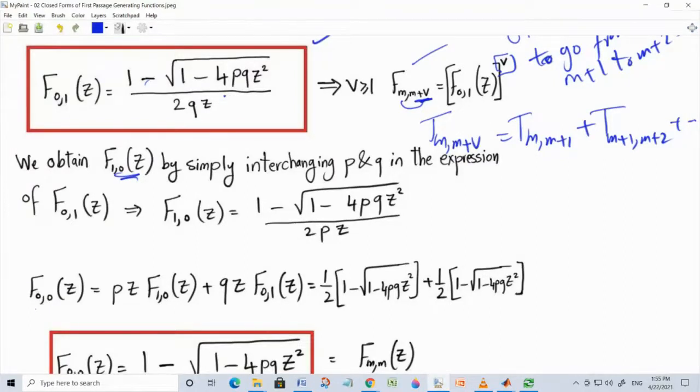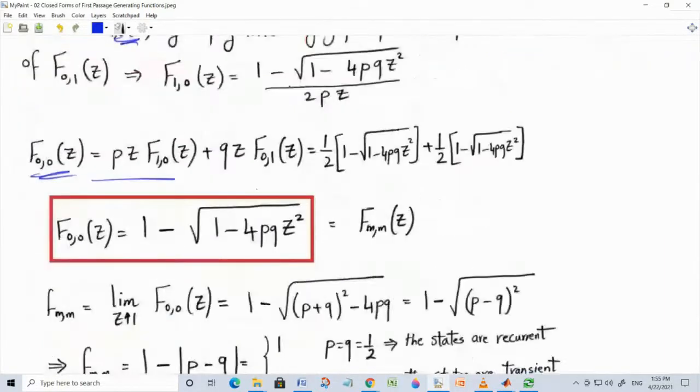And now from the previous slide, we have an expression of F00 in terms of F10 and F01. Now we know both. So now we know F00. And again, because all the states look the same, it is Fmm of z.